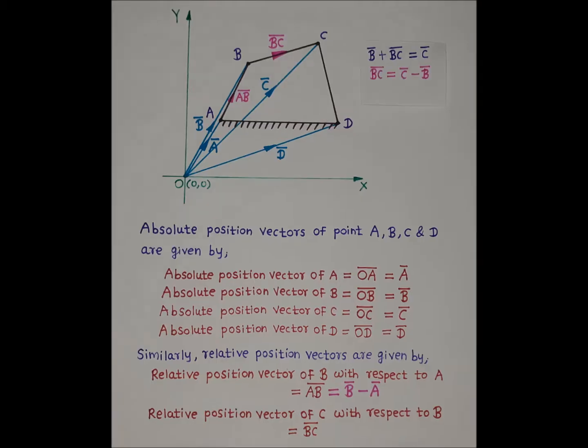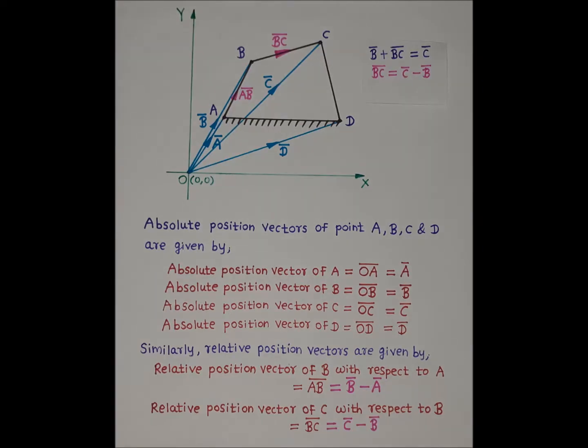But we are interested in relation for BC bar, so we will rearrange terms and we will have relation for BC bar as C bar minus B bar. So instead of BC bar, now we can put C bar minus B bar, and same thing is done on the screen.